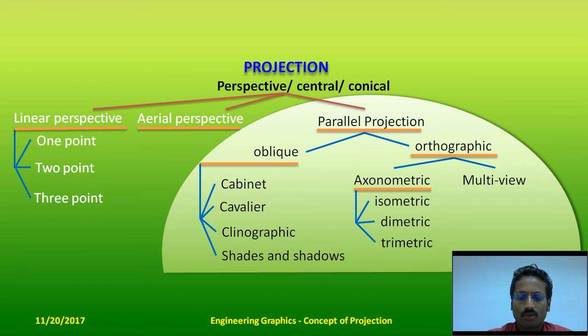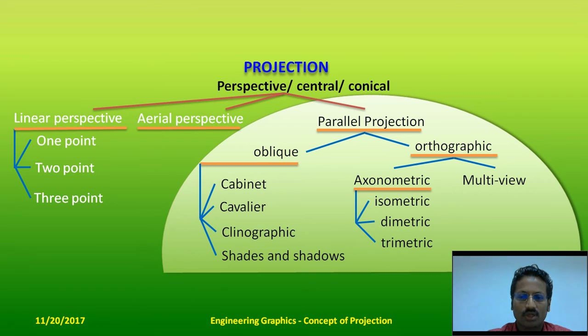An isometric projection has three principal axes of the solid. If the object is tilted in such a way that the three principal axes of the solid appear to be equally inclined, you call that isometric. The word iso means same, the word metric means measure, so it's called your isometric projection.